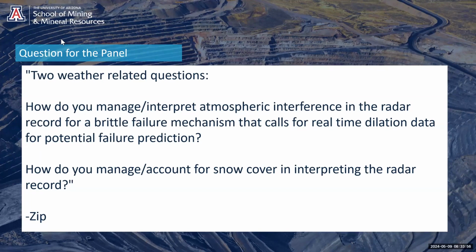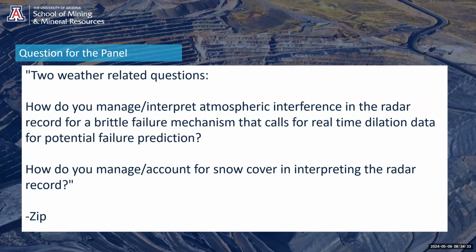From my point of view, I think it's fair to say that radars don't provide all the answers in all cases in all scenarios. There will be, 100% sure, brittle failures that even without snow may not be detected by the radars. So if you add the snow to the complexity of the surface and the snow across the atmosphere, you increase the chances of not being able to manage some brittle failures with radars.